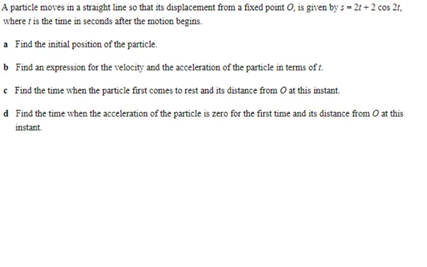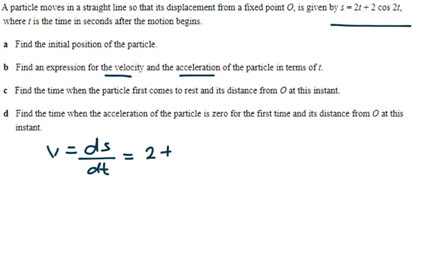Continue to look for the expression for velocity and also acceleration. What you need to do is to find velocity, which is equivalent to ds over dt. So differentiate this equation, where you will get 2 plus 2 times negative sine of 2t, multiplied with 2.